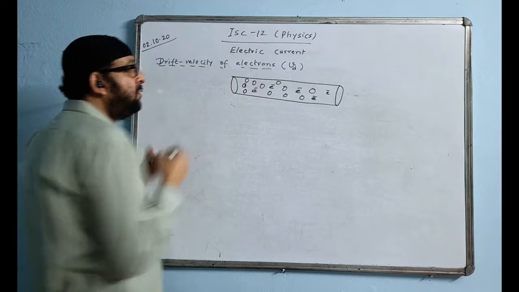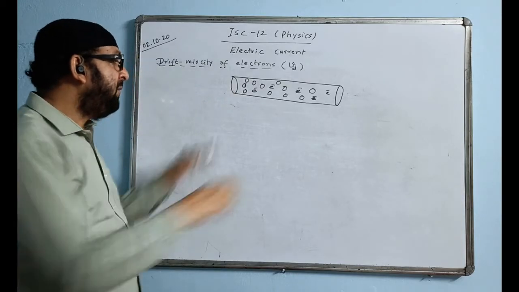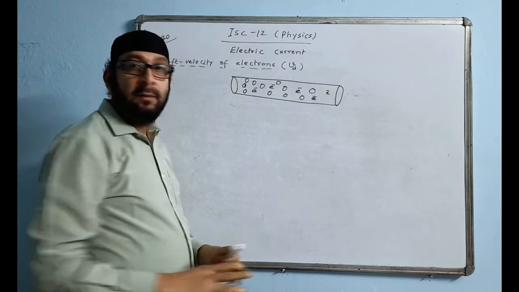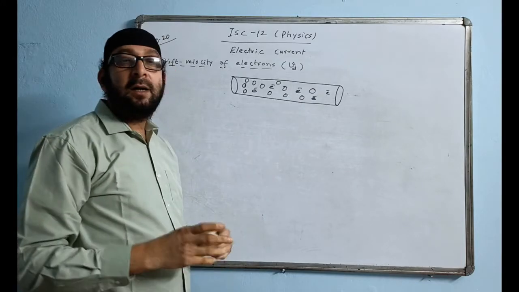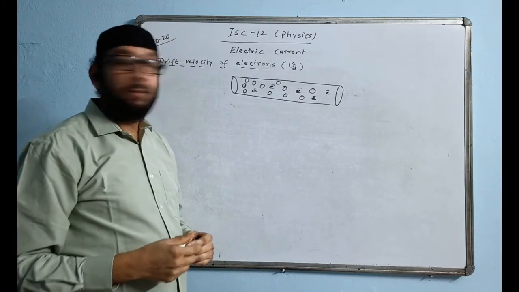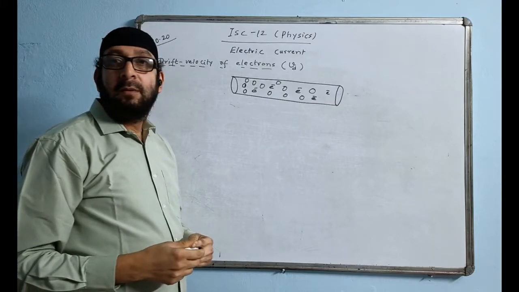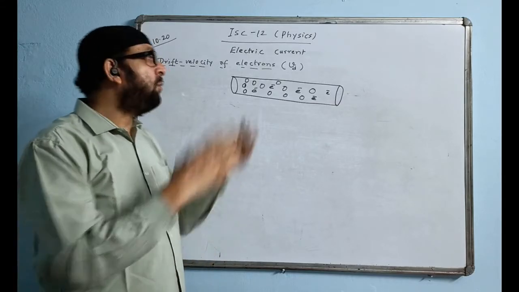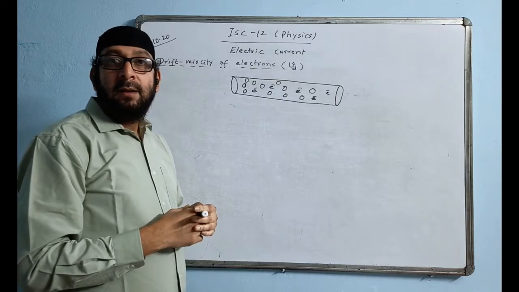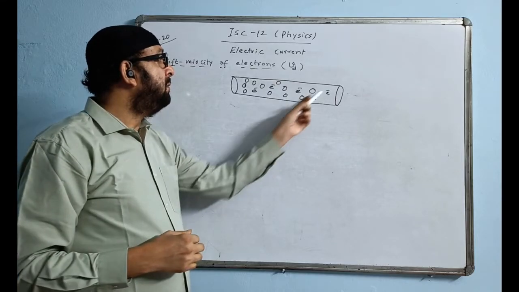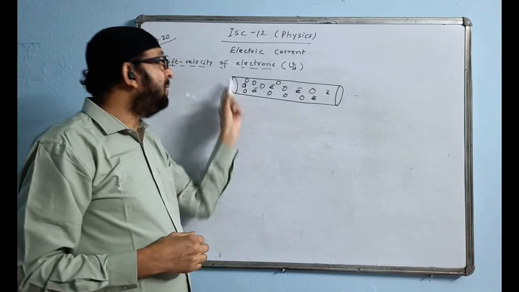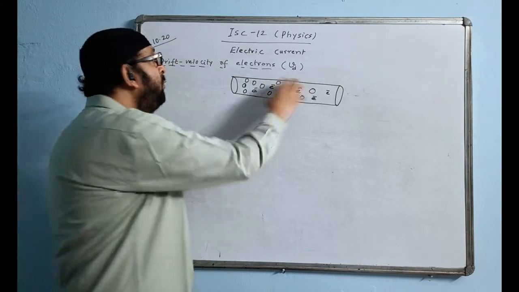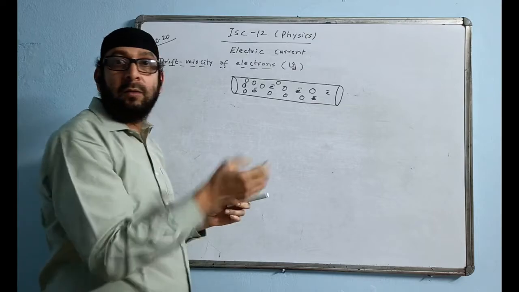Now, what happens when we don't apply any electric field here? These are free electrons, and they are in motion all the time, but in random motion in all possible directions. As a result, we find that no electrons are flowing out of the conductor.